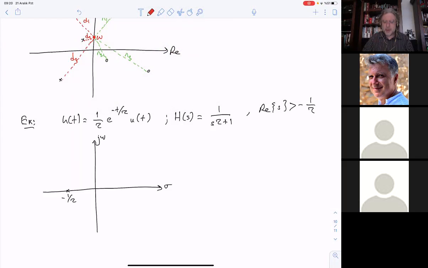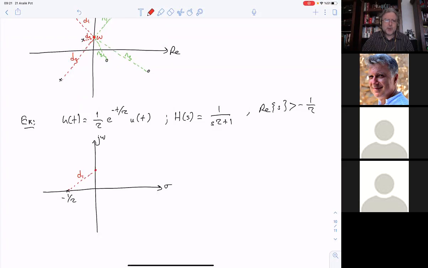And along this j omega axis, let us choose an omega. And with respect to this omega, we will find the magnitude of h of j omega. This is the distance. Let's call it d1. There is nothing else. We don't have a zero or anything. There's no zero on the finite s-plane.